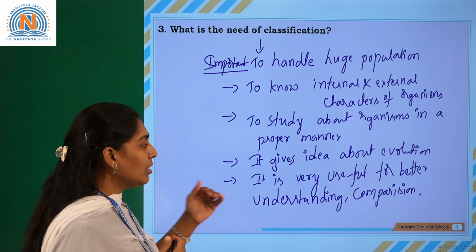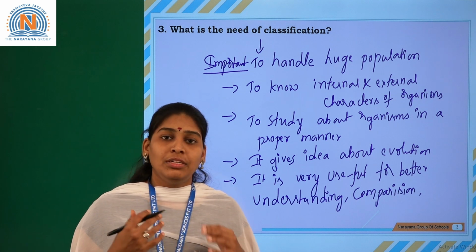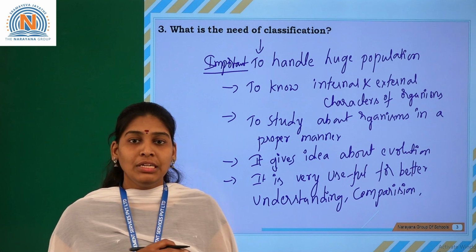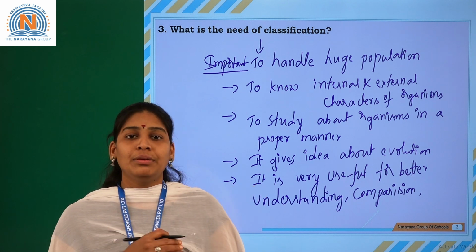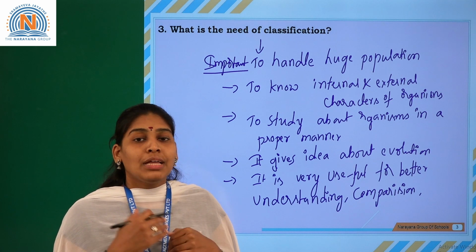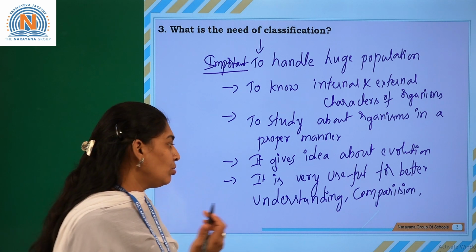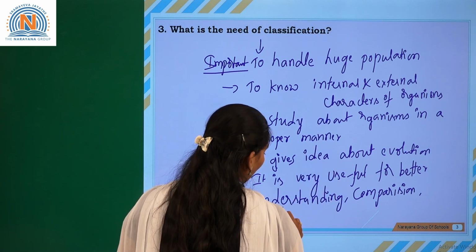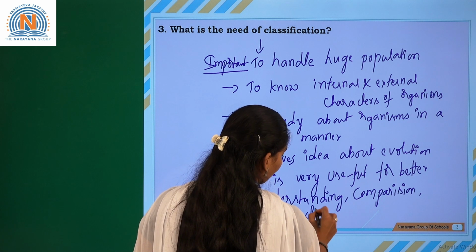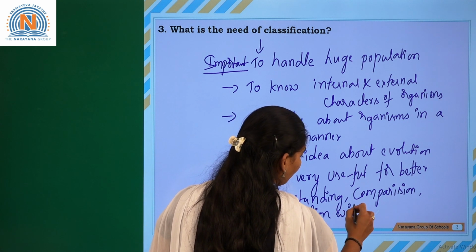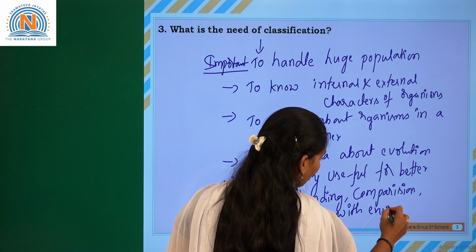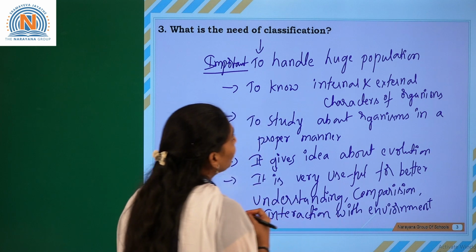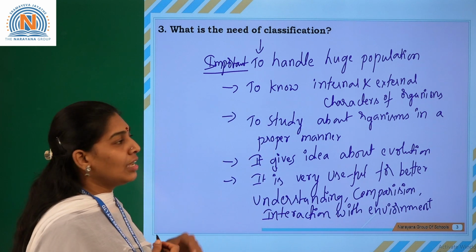So understanding and comparison are very much helpful to know how the organism is surviving in the environment, means how it is related to the environment. How it is interacting with the environment, that also we can easily know from this classification. We can write that interaction with the environment. So this is the need of classification.